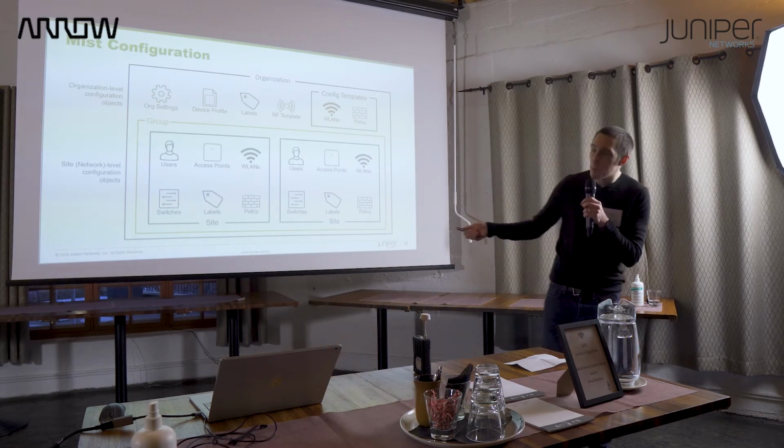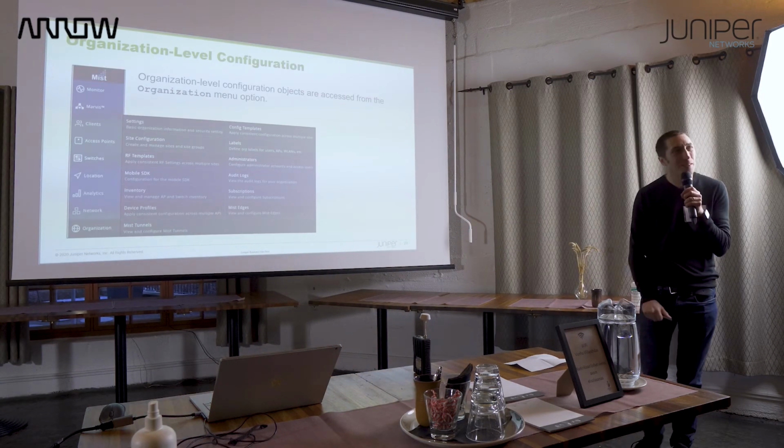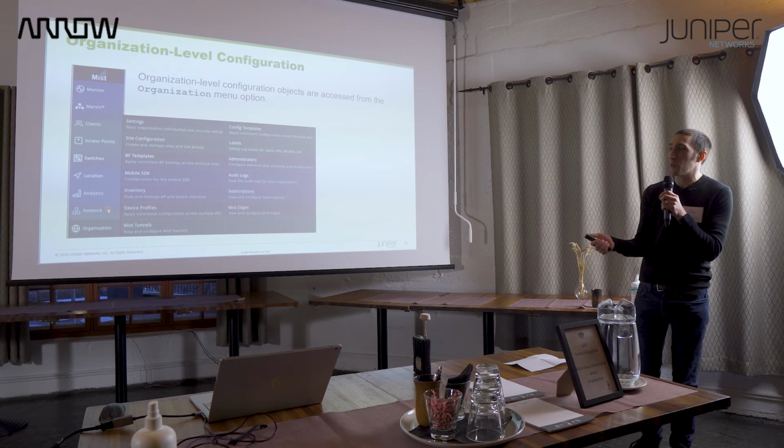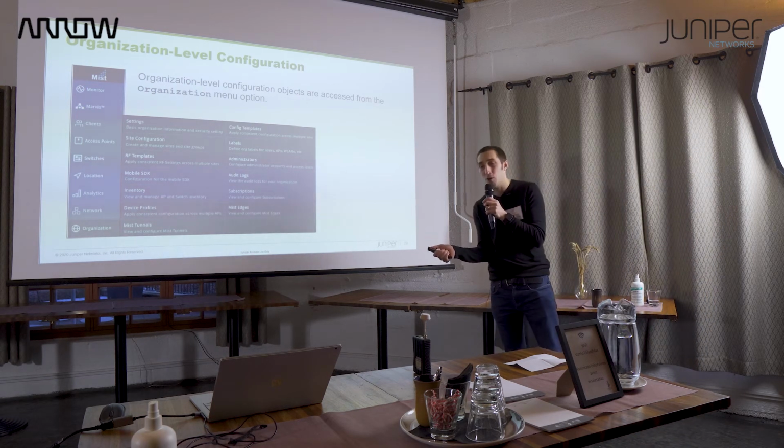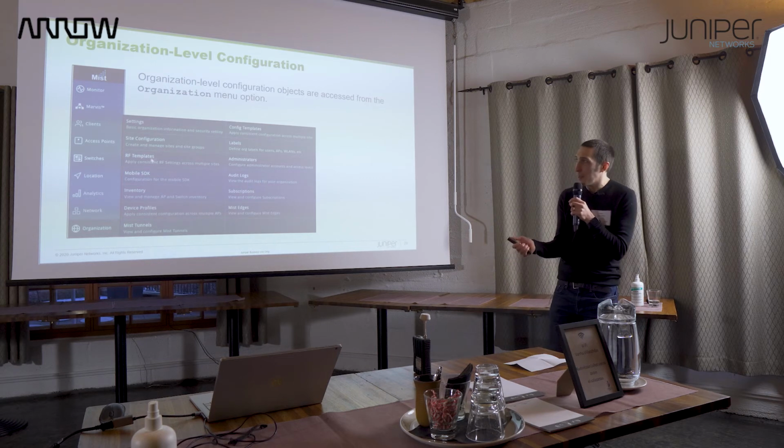We go through this configuration, but the thing to understand is organisation level objects are accessed via the organisation menu. So these are all the things we can configure at an organisation level. They apply globally to my entire organisation. Notice site configuration is under organisation.